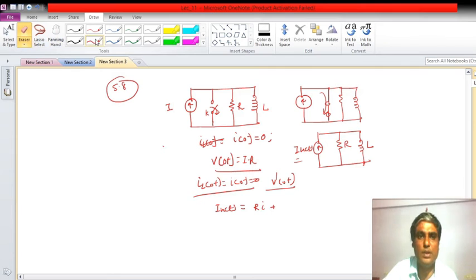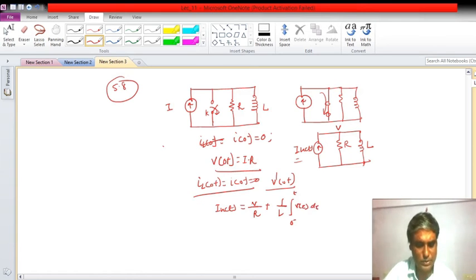It will be the nodal equation, say this is my V, so it will be V by R plus 1 by L integral from 0 negative to t of V of tau d tau, plus the initial current.